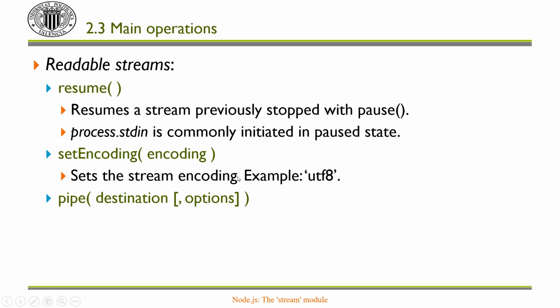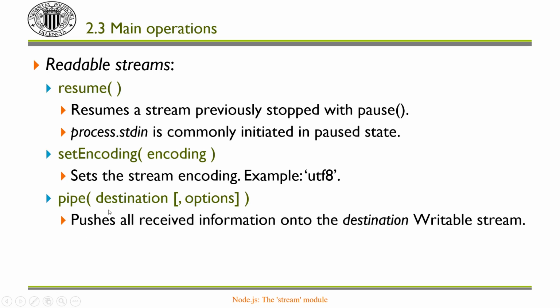An example is UTF-8. So we should use this string in order to specify the encoding. By default, streams simply return data as sequences of bytes, and they are hard to manage in this way. Finally, pipe is used in order to push or receive information in that readable stream onto another destination writable stream.